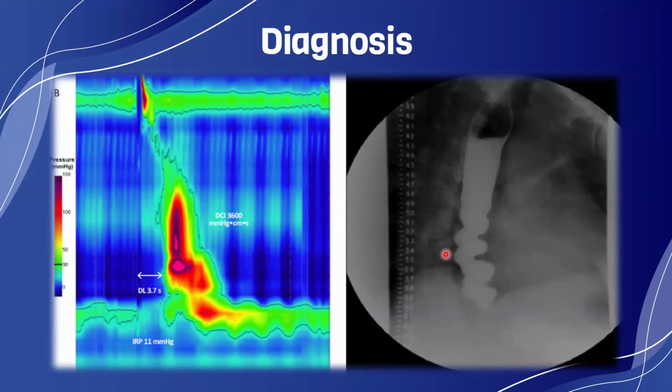So, with a distal contractile integral of 3600, actually, according to the Chicago classification, a distal contractile integral of more than 450 is a diagnosis of distal esophageal spasm.